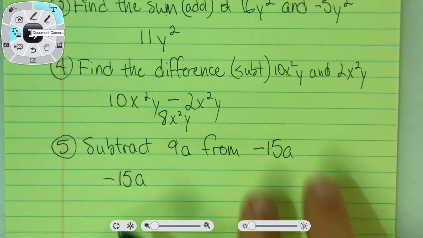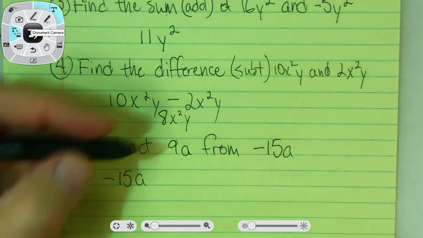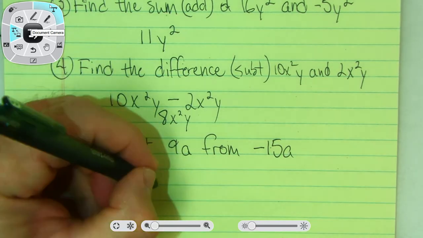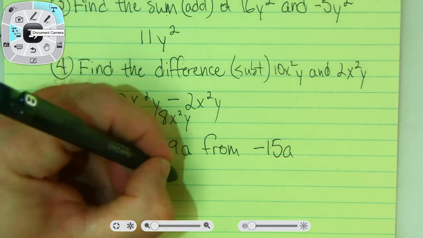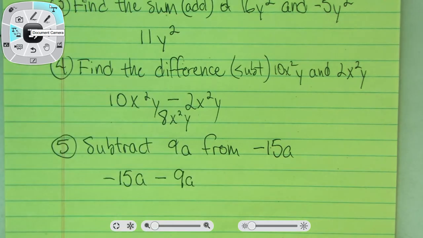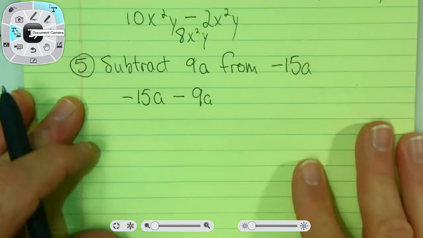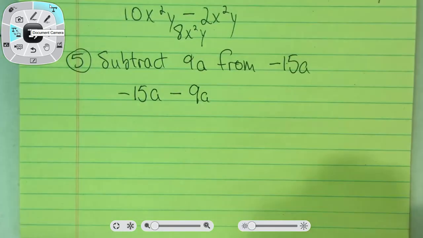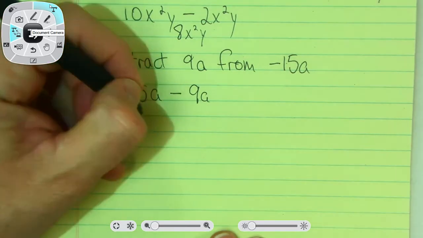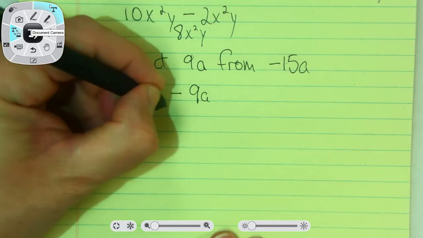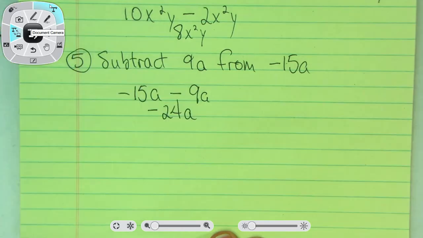Because I'm taking it from that one, so I have to start with that one. So negative 15a minus 9a. Now, it's a little tricky in that my signs are the same. They're both negative, so I know the rule is I add. So it's going to be a negative 24a. Questions?